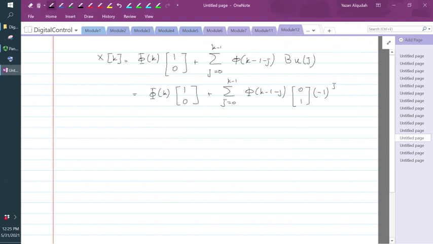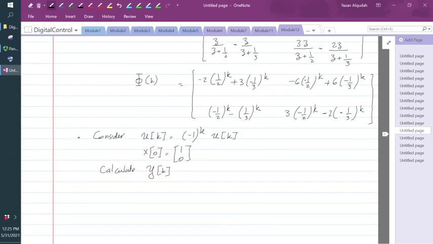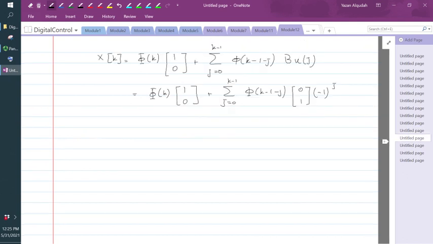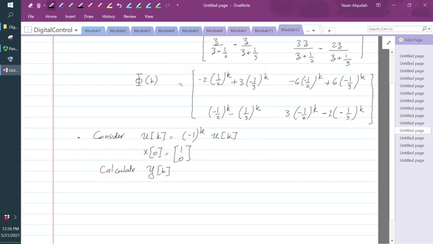Okay, so if I substitute for this phi of k and matrix multiply it by the vectors, this is going to equal negative 2 multiplied by negative 1/2 to the power of k plus 3 multiplied by negative 1 over 3 to the k, negative 1/2 to the k, negative 1 over 3 to the k. This is the result of multiplying this matrix by 1 and 0.